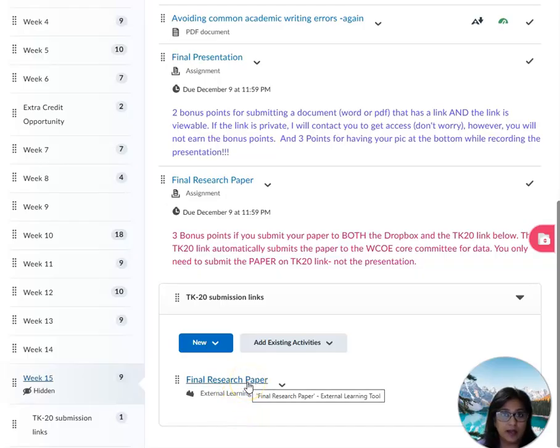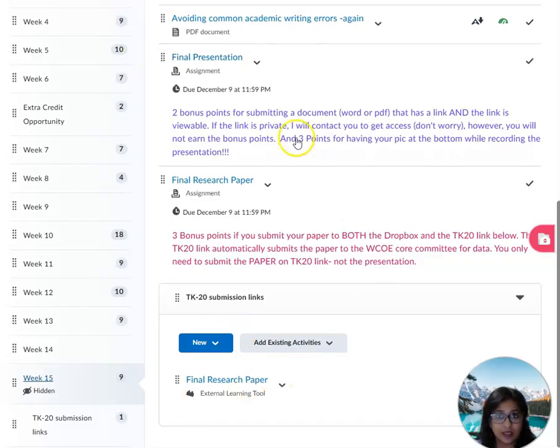That's a requirement, but if you do it at both places by the due date, you earn extra points. If it's not done, again, please don't worry. I will contact you and tell you that you need to get it on the TK20 link and the Dropbox for grading purposes and for data collection purposes, but you won't get the bonus points.